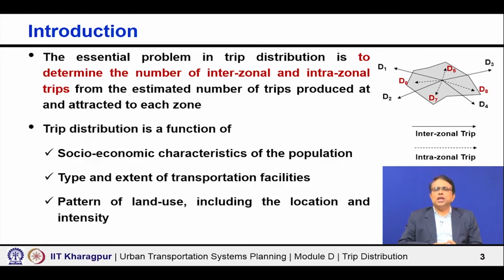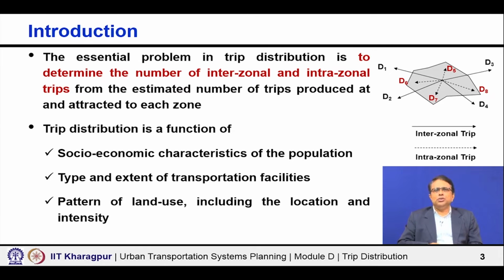Similarly, we know this A1, A2, A3, A4. So, we know that zone wise how much production is happening, how much attraction is happening, but we do not know the interzonal and intrazonal trips that are happening. Which will be intrazonal trips?